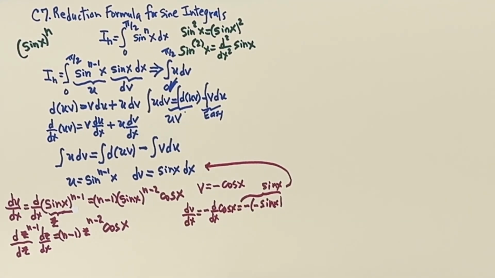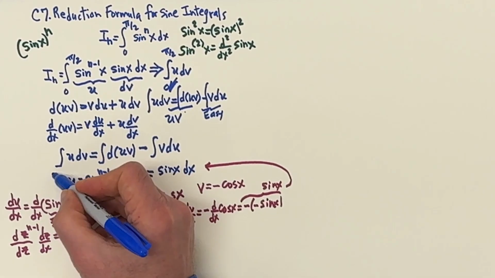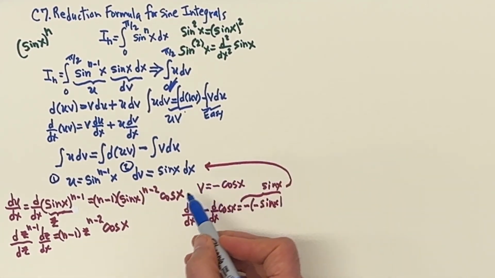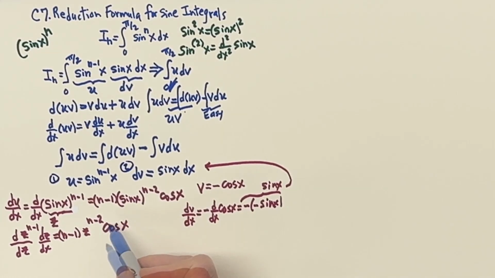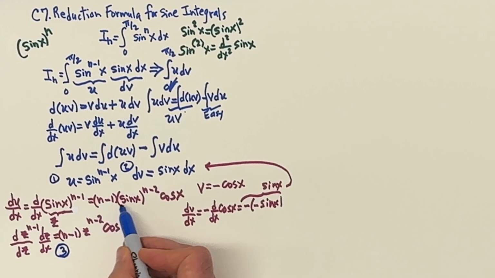So then we have all four things here. We have 1, 2, and then here to find 3, what we're going to do is we're going to write this out.